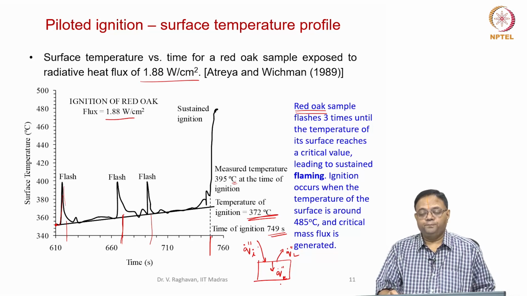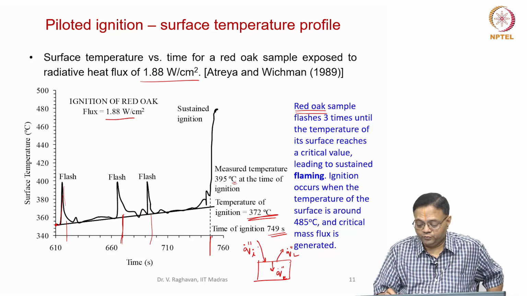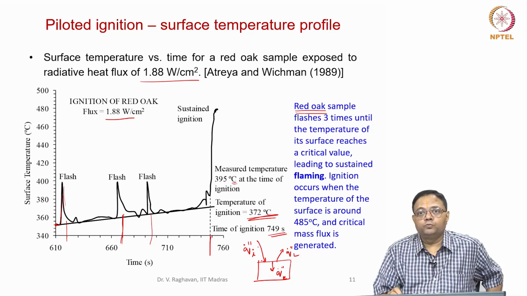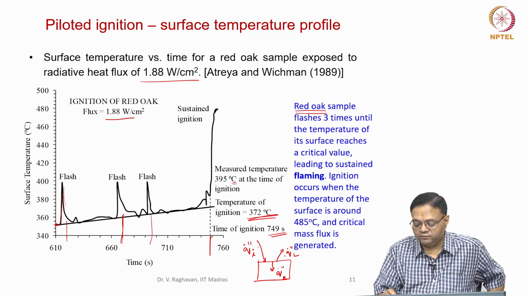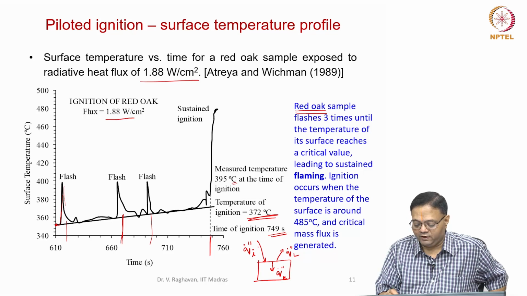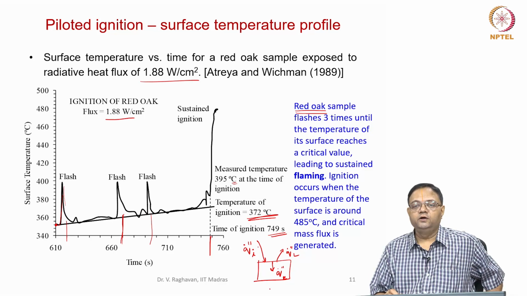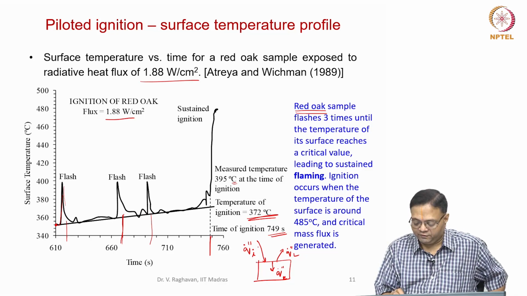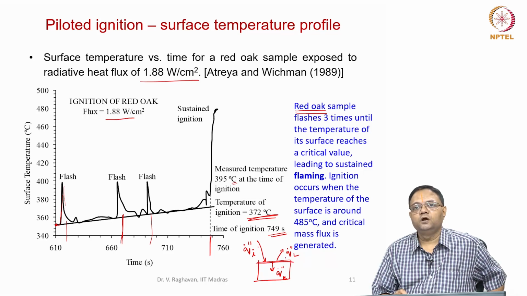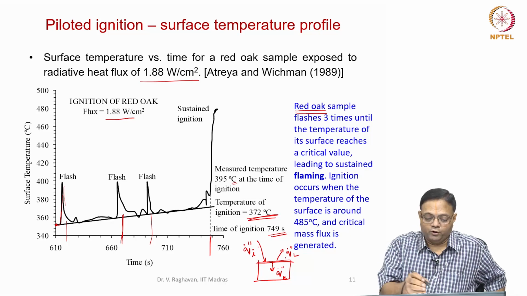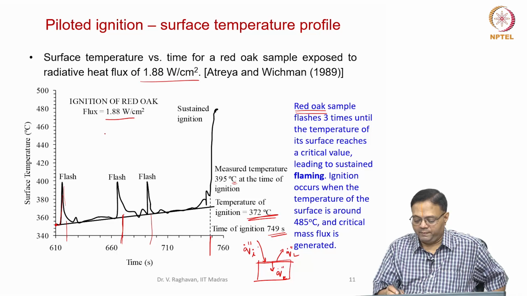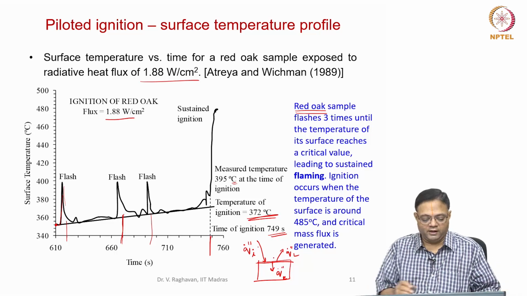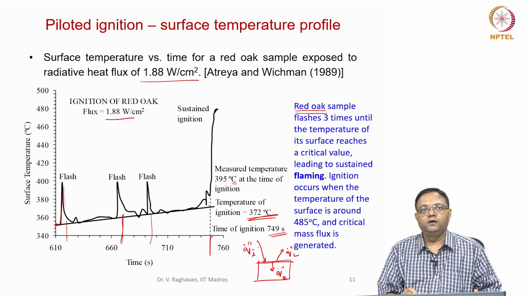The net heat coming in should be more than the losses to the ambient as well as the conduction into the solid. If it is not, then the surface will not be heated up. So, if you reduce the flux below this, maybe the surface temperature will not increase at all. Here itself it is increasing very slowly.